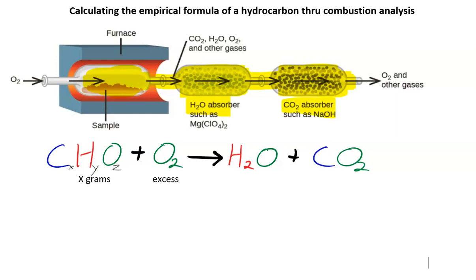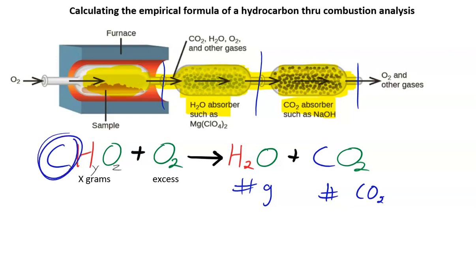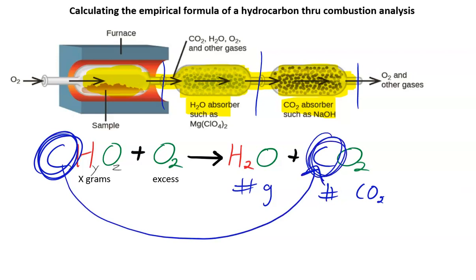These tubes can be weighed in the beginning and then weighed at the end to figure out the mass of water and the mass of carbon dioxide absorbed. The assumption is all of the carbon ends up in the carbon dioxide, and all the carbon that is in the carbon dioxide came from this compound.